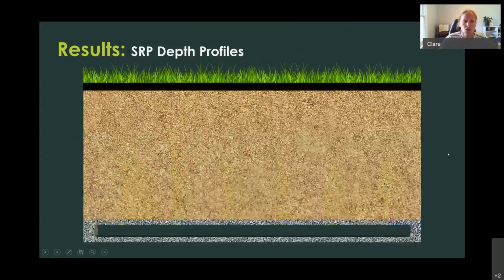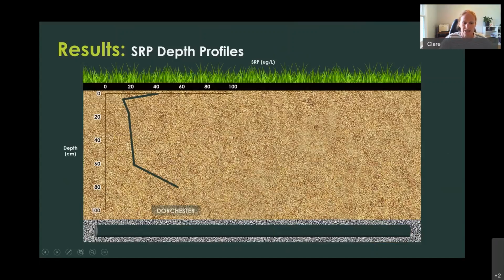So looking more closely at the soluble reactive phosphorus depth profiles within these systems, here we have these depth profiles for Dorchester, one of our functioning systems with respect to phosphorus removal, and the Kennedy system, which is our failing system with respect to phosphorus removal. Interestingly, what we can see is highly variable SRP concentrations with depth.